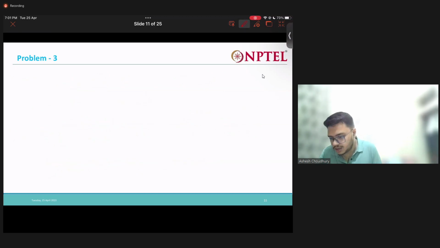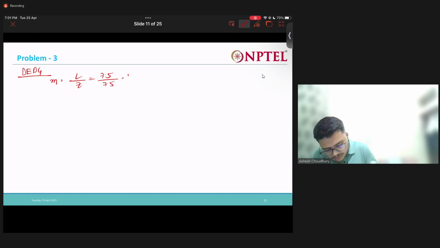Okay, so similarly we can find out the other cases. So for area DEPG, M is 7.5 by 7.5, and N is 3 by 7.5, which is 0.4. So if we do that, we will get the K values for DEPG and CEPG.